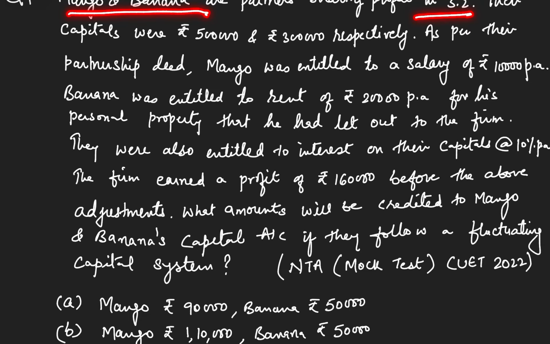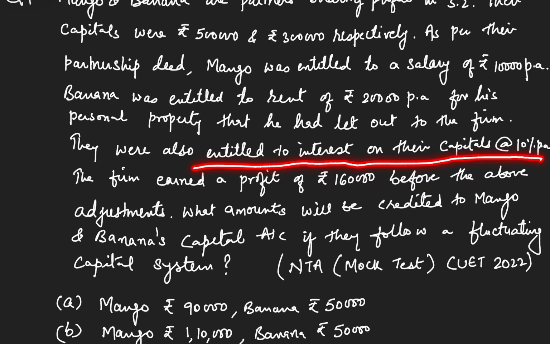Let's begin. Mango and Banana are partners sharing profits in 3:2 ratio. Their capitals were 5 lakh and 3 lakhs respectively. As per their partnership deed, Mango was entitled to a salary of rupees 10,000. Banana was entitled to rent of rupees 20,000 per annum for his personal property that he had let out to the firm.